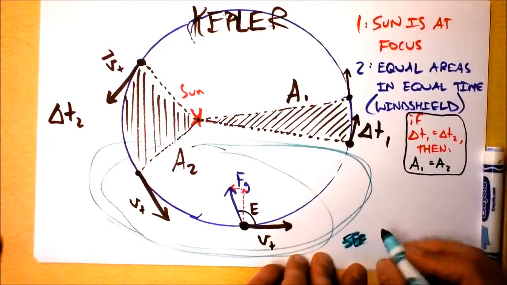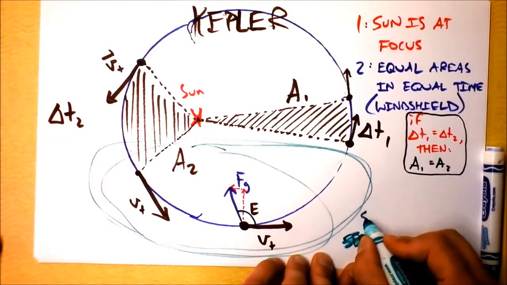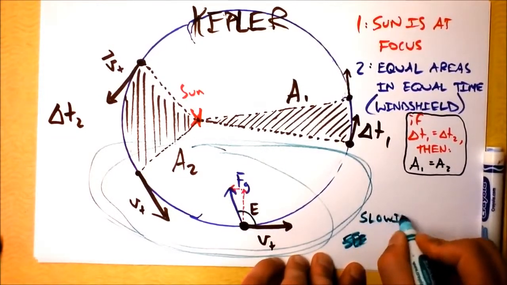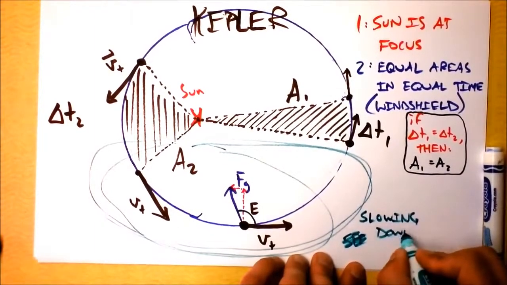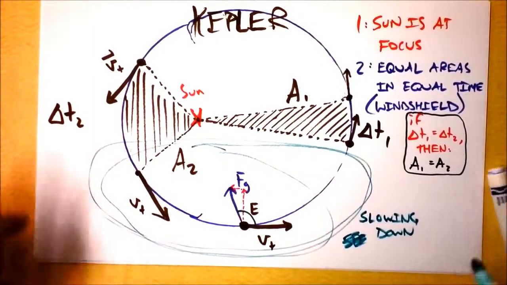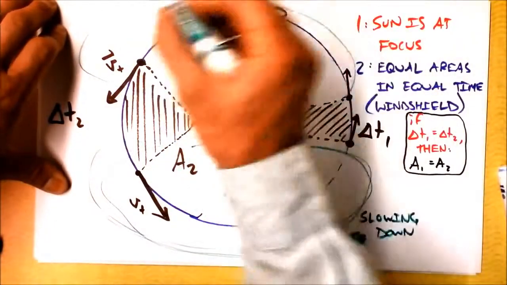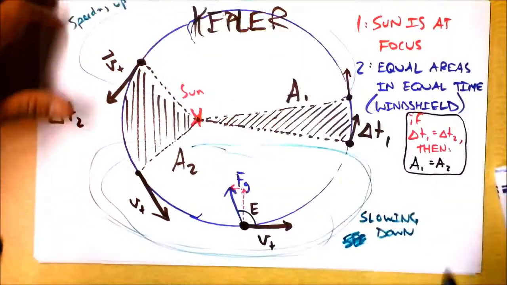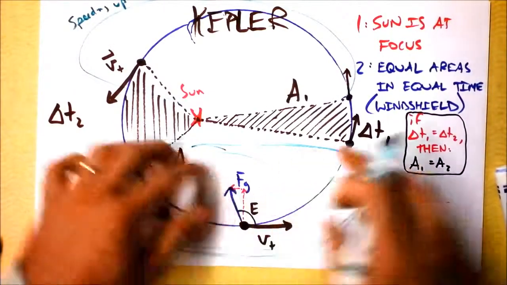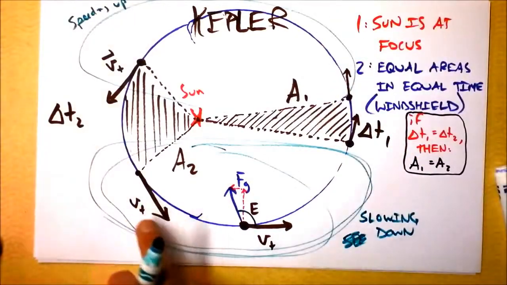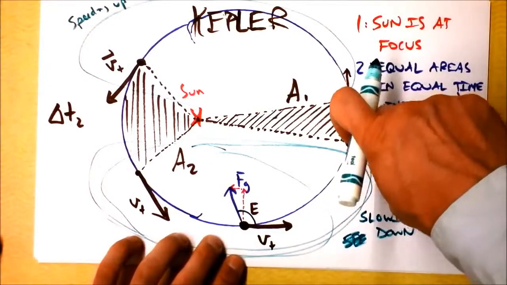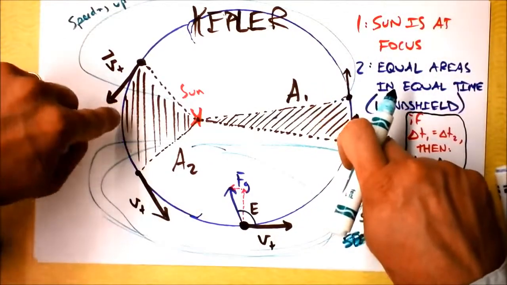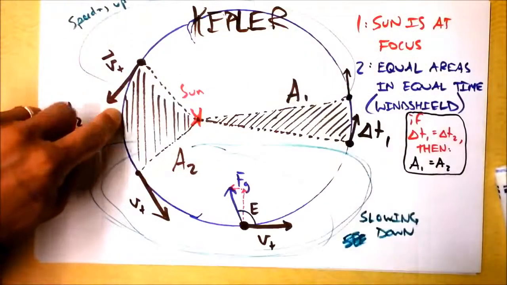Nope. Perfectly wrong. Sorry, slowing down. Everywhere down here, the planet is slowing down, and everywhere up here, the planet is speeding up. Since the planet is slowing down here and speeding up here, it must be going the absolute slowest right in the transition, and it must be going the absolute fastest right here after all that time speeding up.